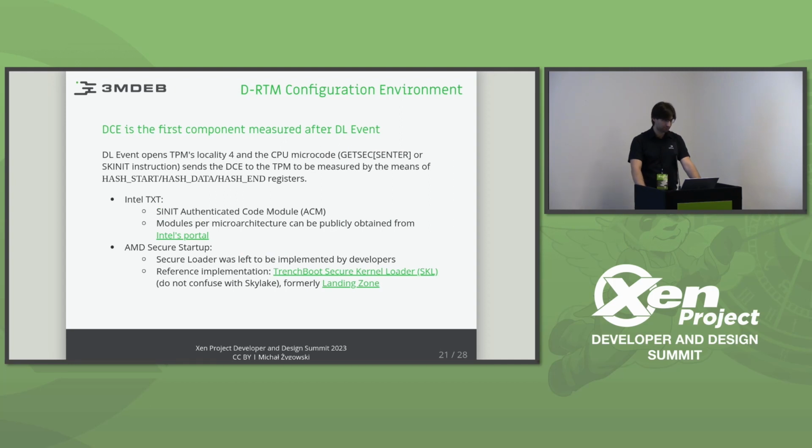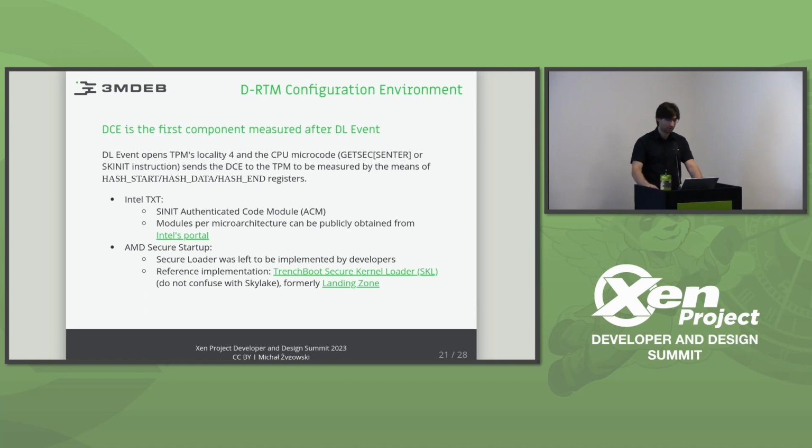So a little bit about what DCE is. DCE is the first component that is actually measured in the DRTM boot flow. In case of Intel, it is the Authenticated Code Module. It is a small blob of code that is signed by Intel, and is verified by the CPU microcode.